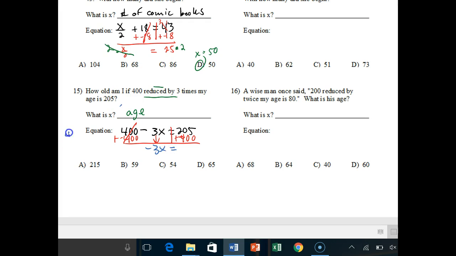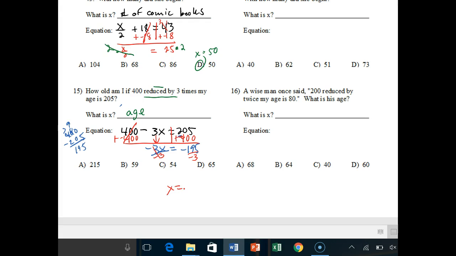So really that's 400 minus 205, which is really 195, and it's negative 195 because you had more negatives. Again, this was a negative 400, and then divide by negative 3. So your answer is going to be positive. X is equal to, how many times does 3 go into 195?